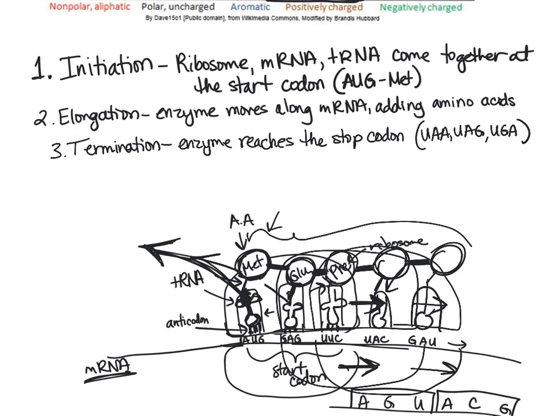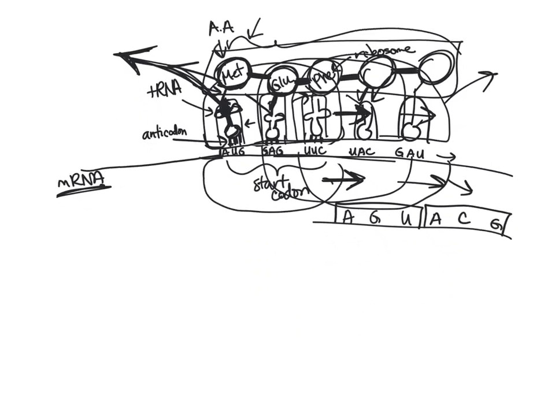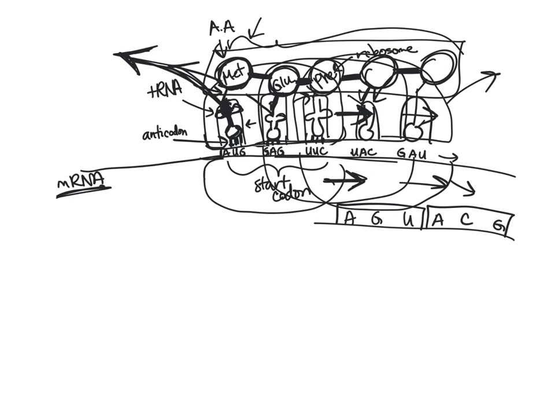Once it reaches a stop codon, everything falls apart. These ribosome pieces fall off, the tRNAs are going to be released, and this polypeptide will be released into the cytosol, or into our rough endoplasmic reticulum. So then that gets us at termination our polypeptide chain.